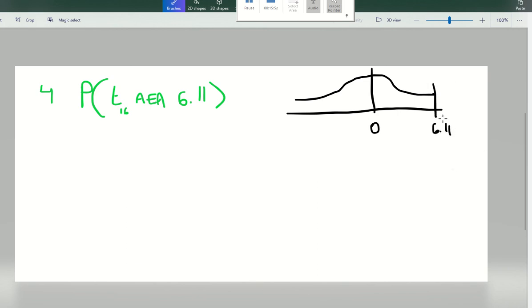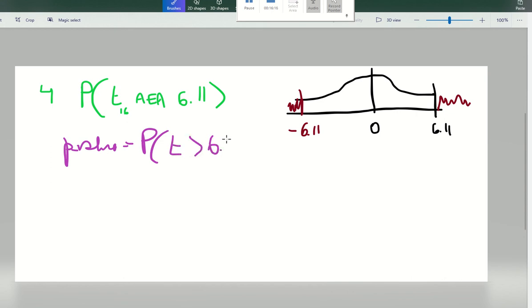So the as extreme as is going to be that area here, but it's also going to be the mirror image of that area, right here. So you calculate one of the two and you multiply by 2. I can write the p-value as the probability of t greater than 6.11 and multiply that by 2, for degrees of freedom 16.